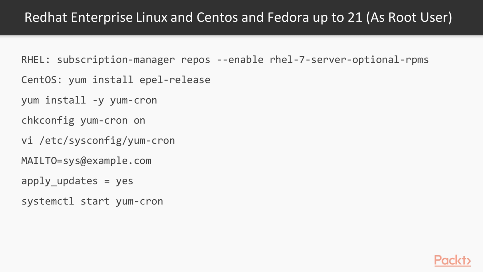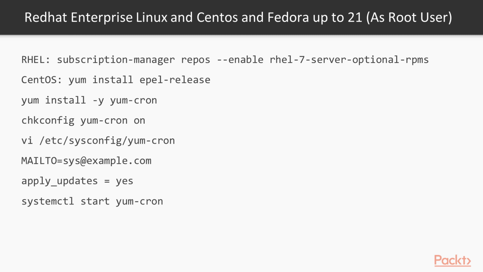If you are on Red Hat Enterprise Linux or CentOS or Fedora up to 21, as a root user, first you have to add the repository, if you haven't done that already, which for Red Hat is subscription-manager repos --enable with the server optional RPMs.